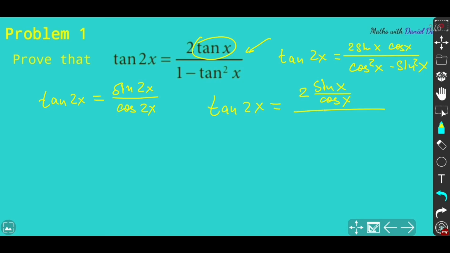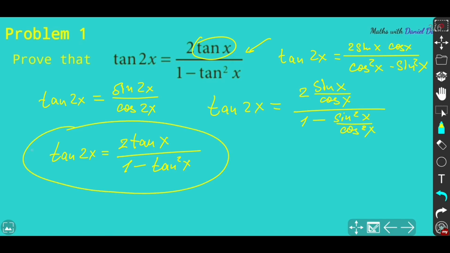But because you divided the numerator of the fraction, you need to do the same with the denominator. If you divide both numerator and denominator, in the denominator you'll get 1 minus sine squared x over cos squared x. And now from here you can say that tan 2x is actually 2 tangent x over, in the denominator, 1 minus tan squared x. And as you can see, it's not really hard if you see what you need to arrive at, and you need to arrive at a single trigonometric function.